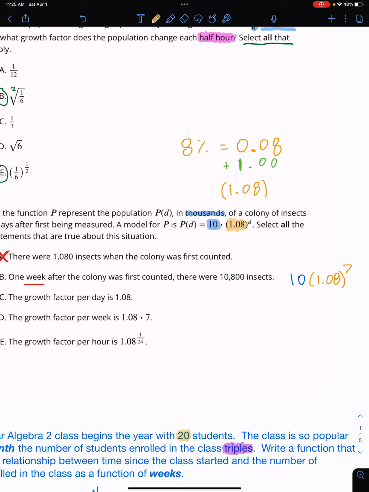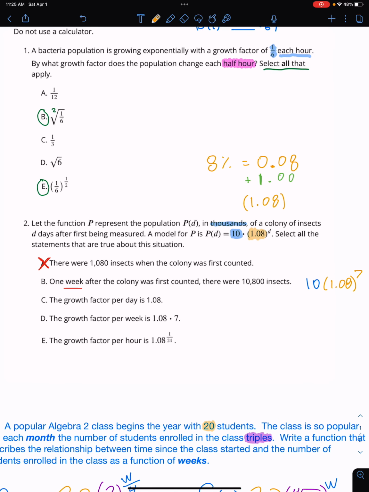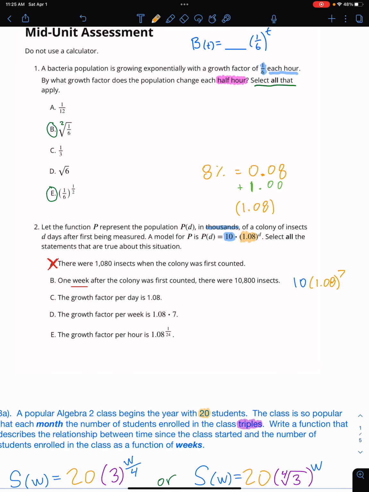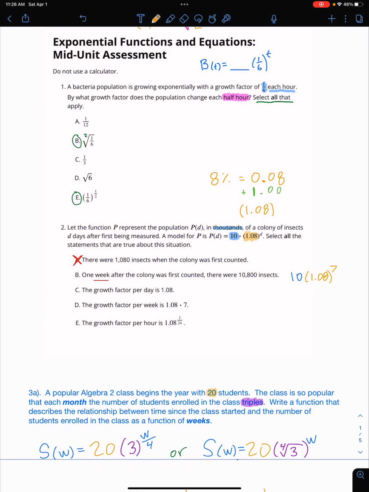If 7 days goes by, we would have multiplied times 1.08 seven times. And 10,000 times 1.08 is 10,800. This would be after 1 day, that 10,800. After a week, it's a lot bigger than that. 1.08 times 1.08 times 1.08. And this 8% increase on 10,000 for 7 days would be a lot different than that. It's not this one.